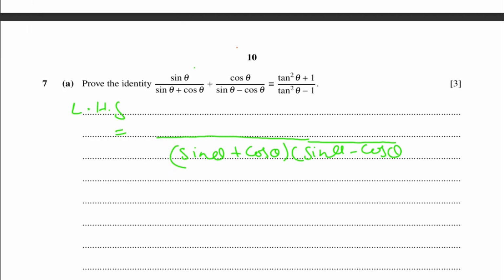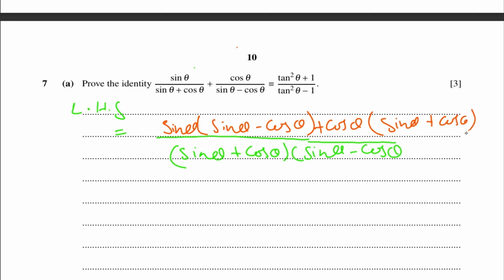In the numerator we will have sine theta multiplied by sine theta minus cos theta plus cos theta multiplied by sine theta plus cos theta.